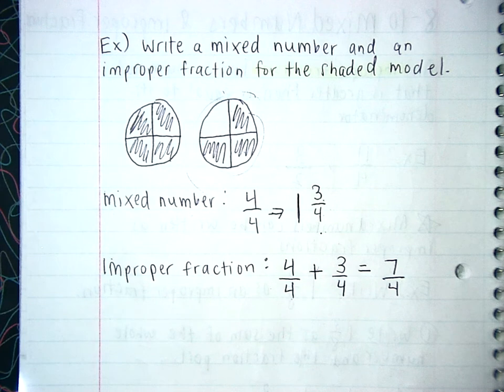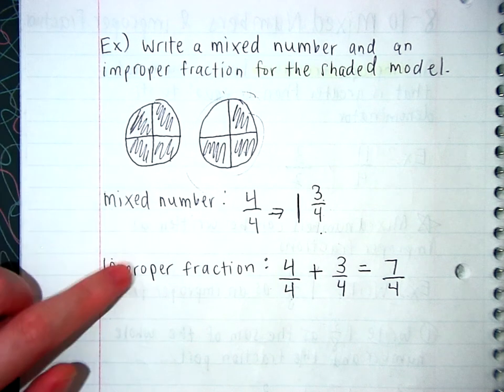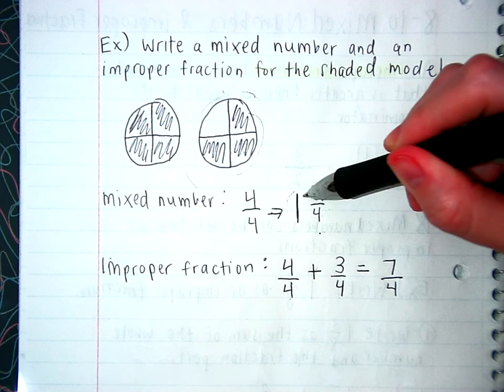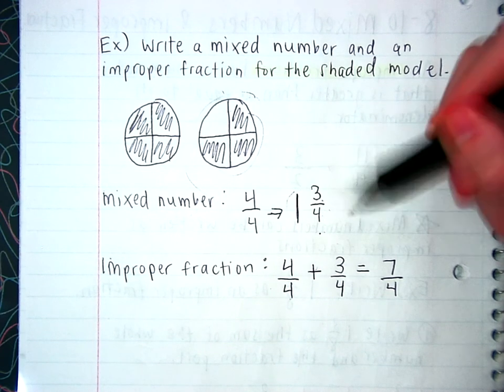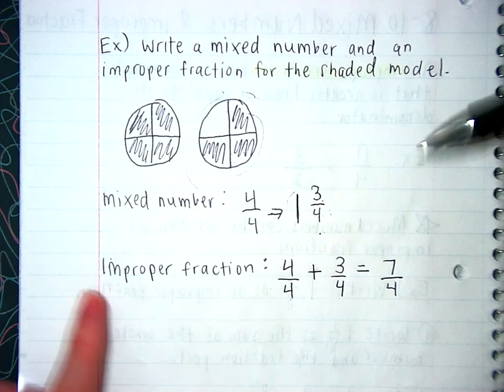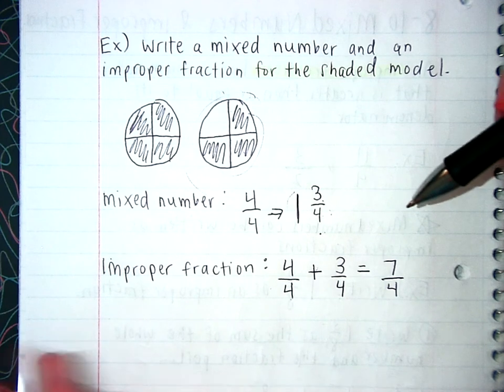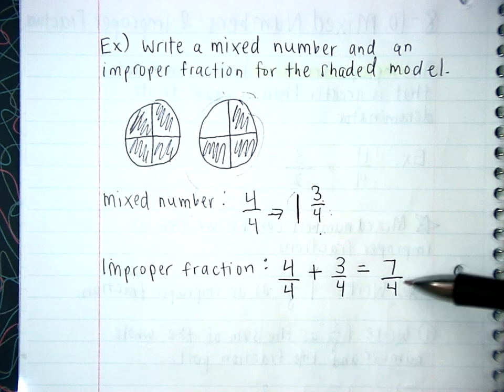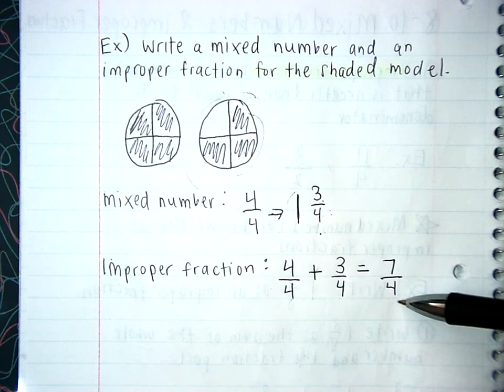The big difference between the mixed number and the improper fraction is that the mixed number has a whole number part and a fraction part. The improper fraction has no whole number part. It's only the one fraction, and the numerator is always going to be greater than or equal to the denominator.